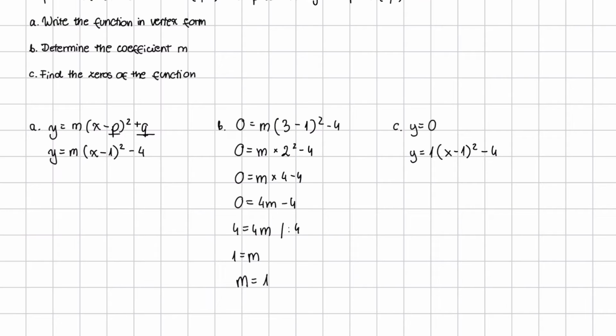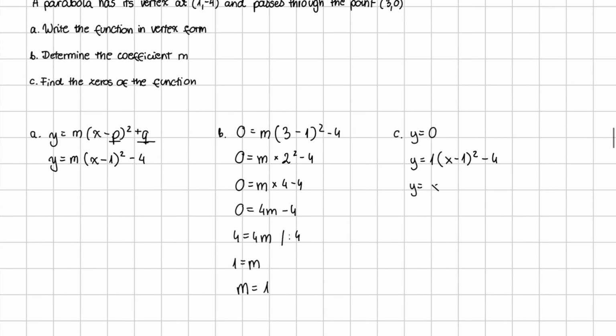And now we can rewrite our function in a standard form. So this is x squared minus 2x plus 1 minus 4. So this is x squared minus 2x minus 3.